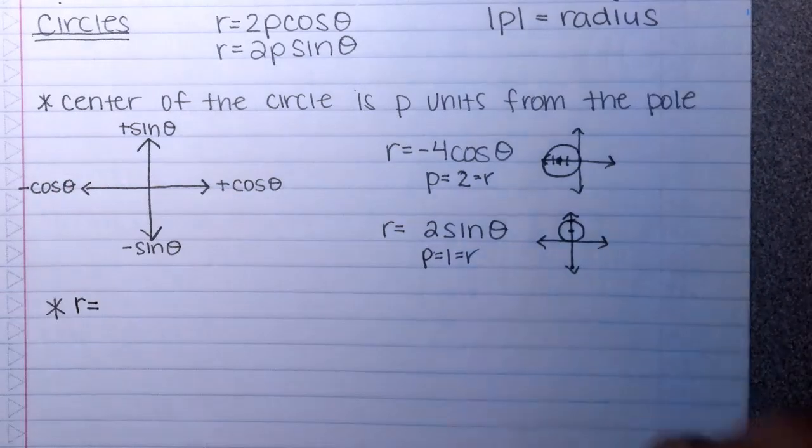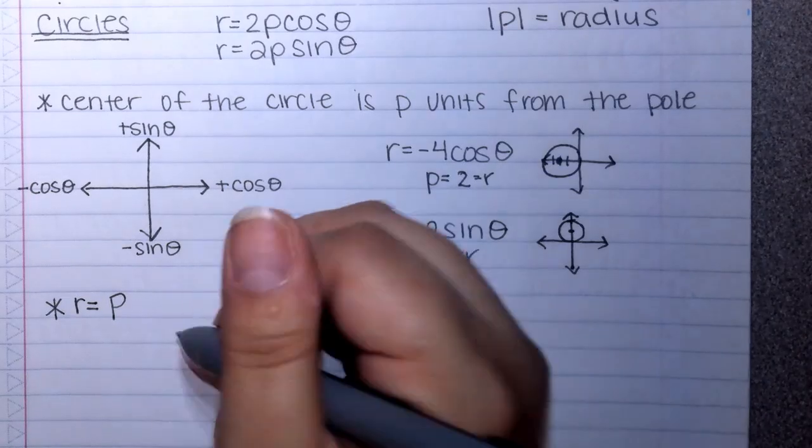R equals just a number. If R equals just a number, what was special about that?